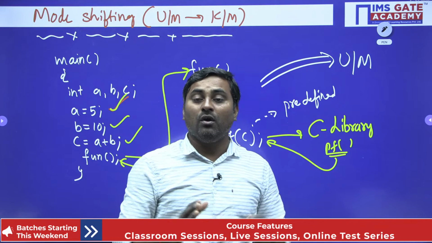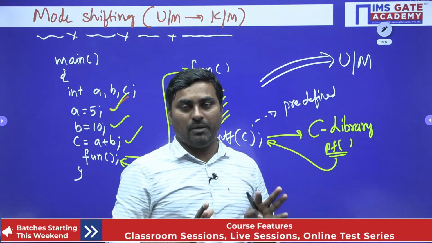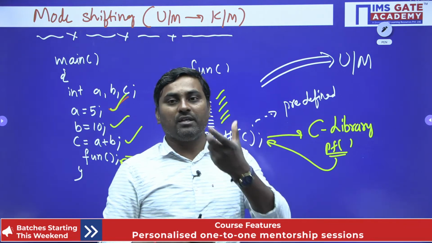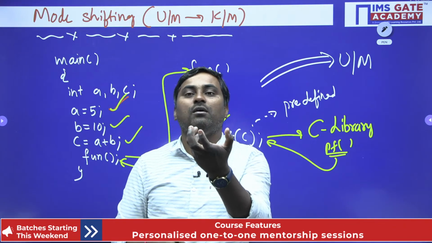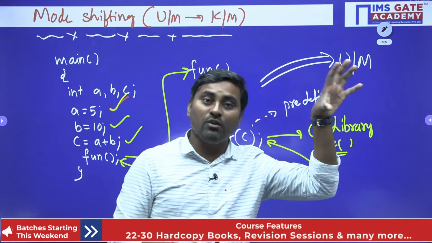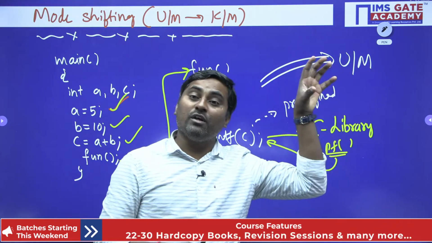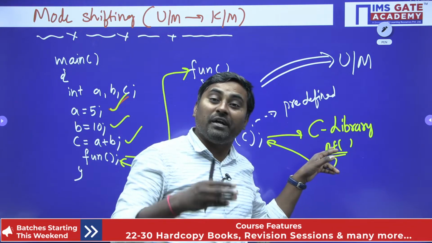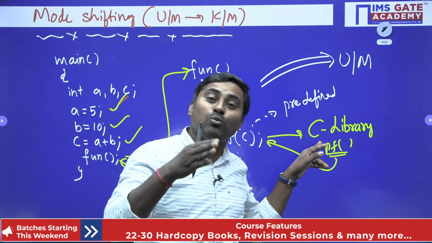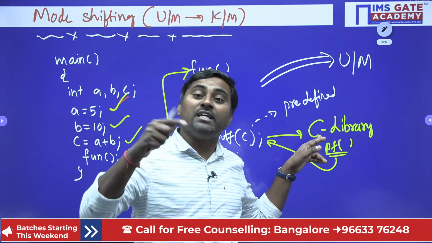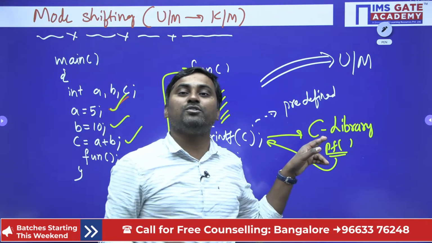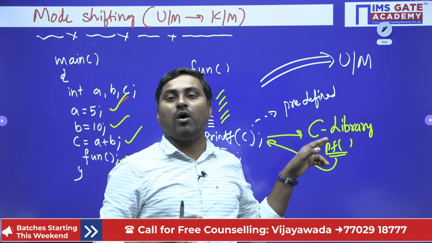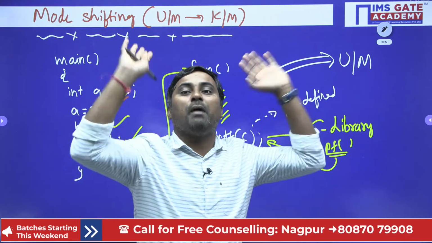Please understand. From the user's point of view, the C library is predefined programs which will run in user mode only. When these predefined functions are running during execution of printf in user mode, internally one system call will be generated, the write system call, because we want to write the data on the monitor.